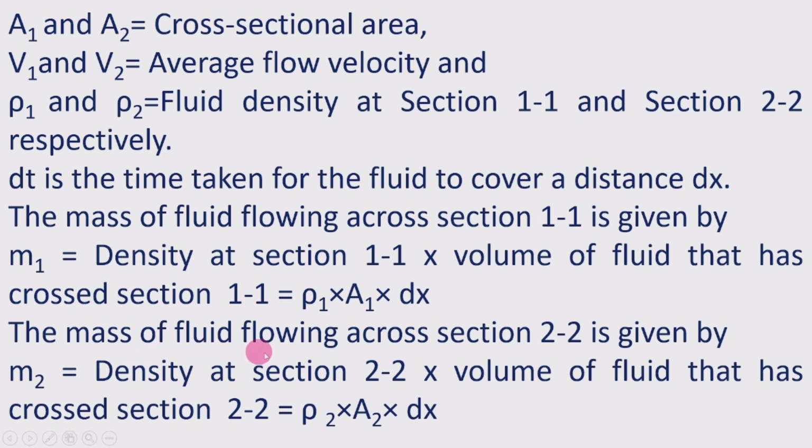Similarly, the mass of the fluid flowing across section 2 is given by m2 equal to the density at section 2 multiplied by the volume of fluid that has crossed section 2. That is ρ2 multiplied by the cross-sectional area A2 and dx, the distance crossed by that fluid.